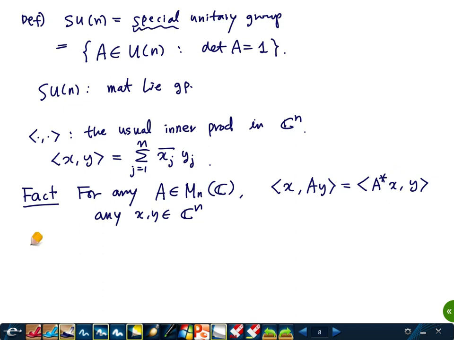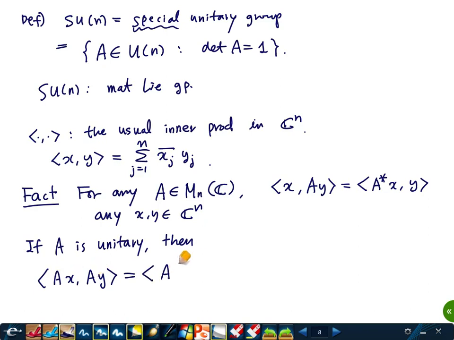So if A is unitary, then let's compute this: the inner product of Ax and Ay. Because A is multiplied, we can move it to the other side with the adjoint by this fact.